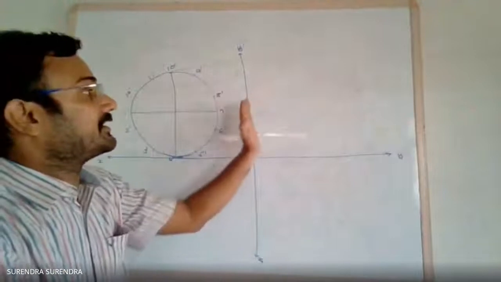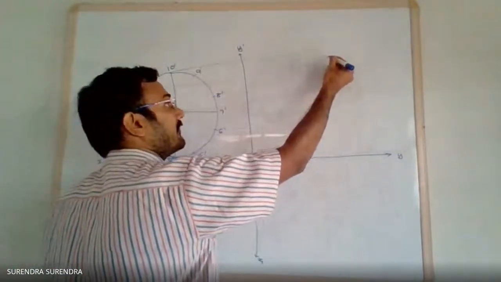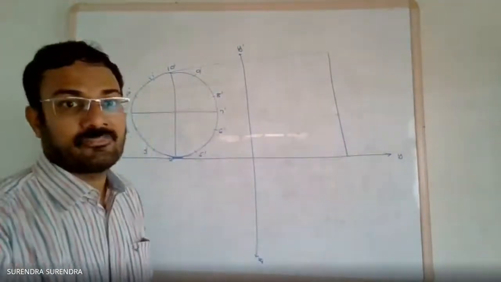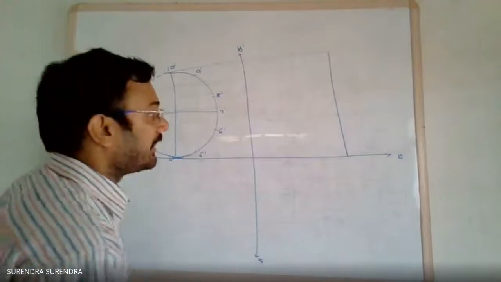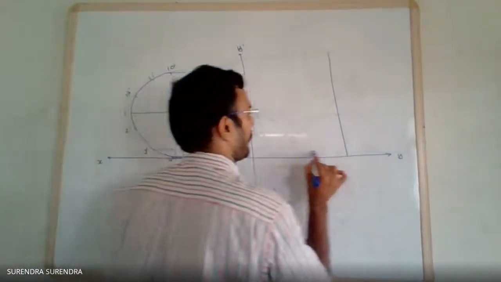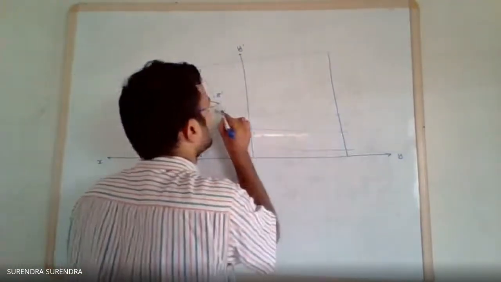So parallel to the vertical plane, at some random distance, draw a vertical line and project all these points for getting the respective distances.